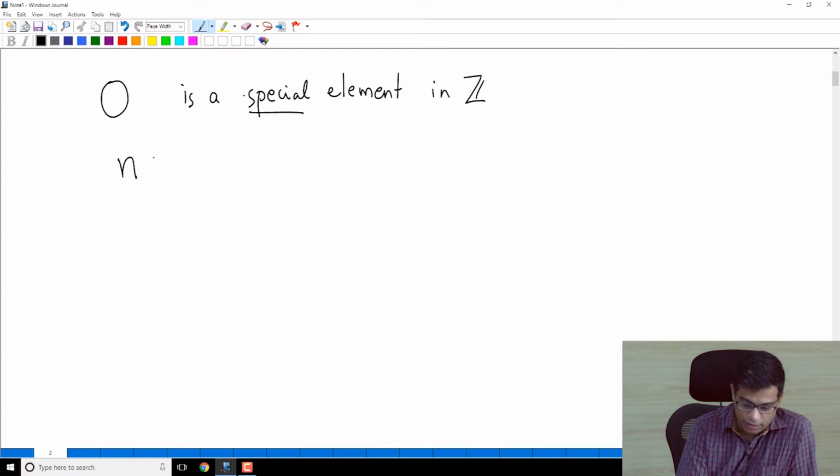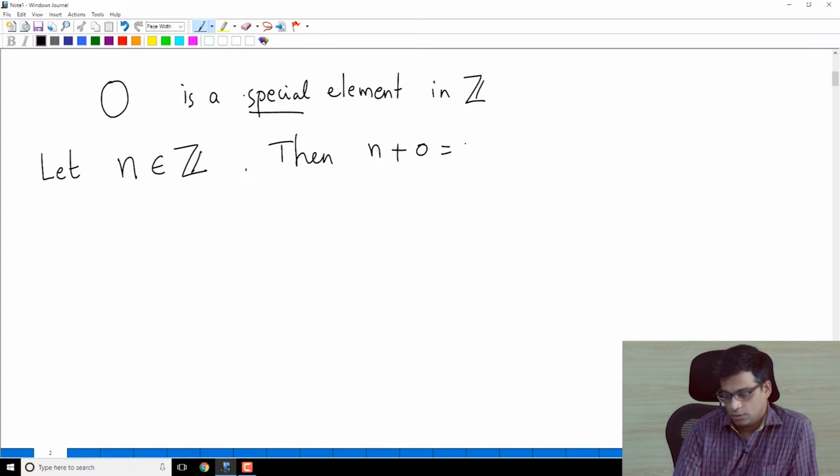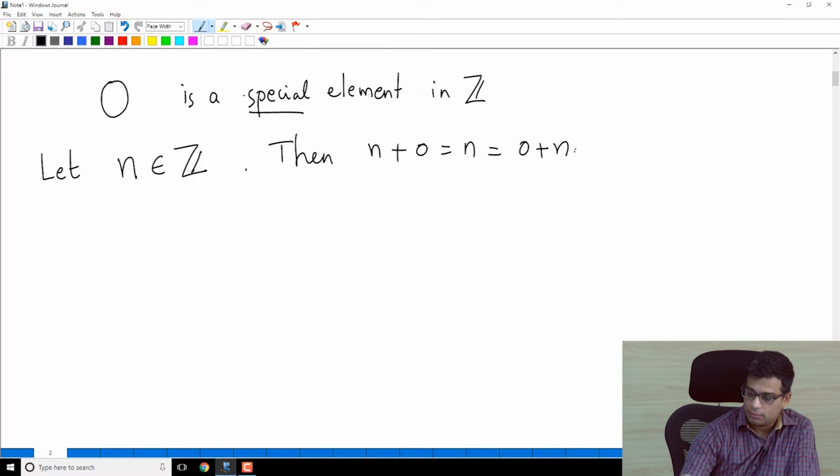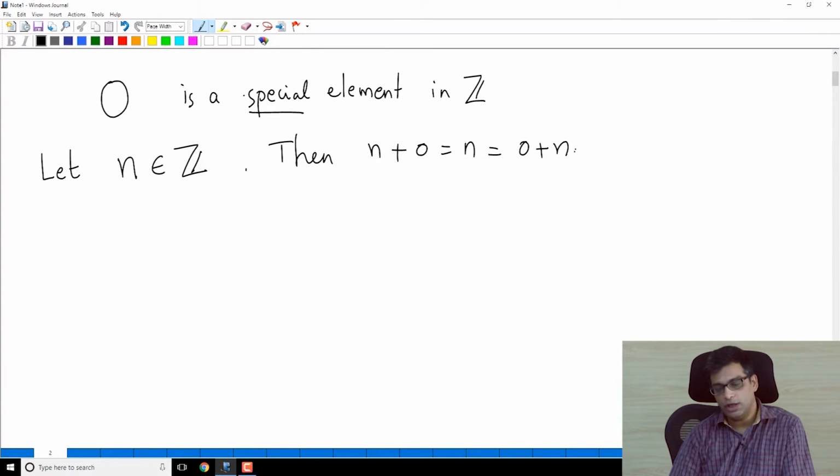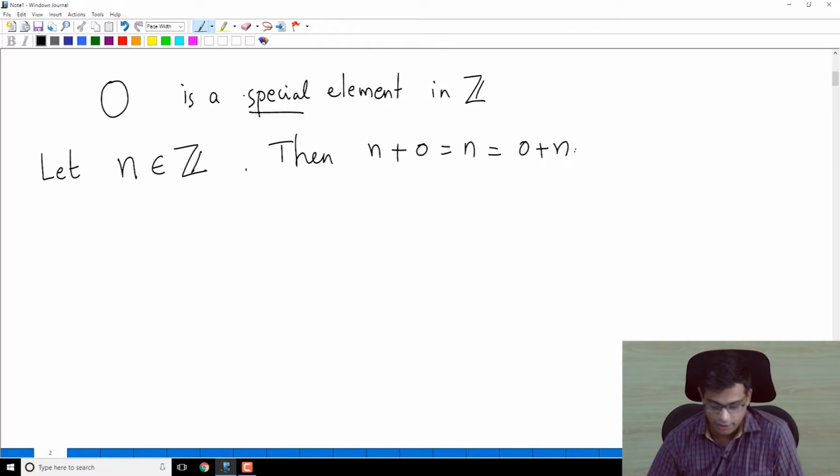If n is any integer, let us take an arbitrary element n, then n plus 0 gives n back, which is also the same as 0 plus n. 0 is the only integer with this property. If you add 0 to an integer n, you get that integer back. No other integer has this property. If you add 1 to an integer, you do not get the integer back.